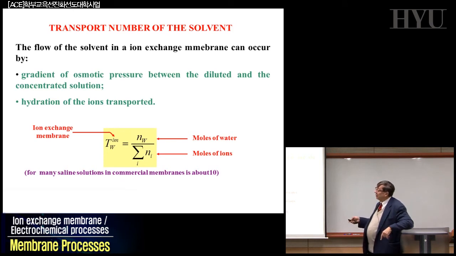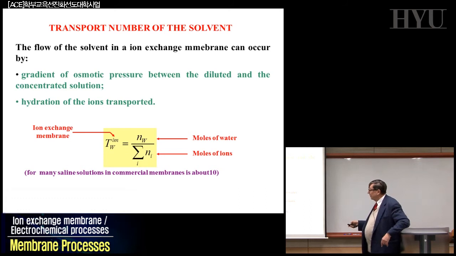And so you can also create gradients of osmotic pressure between diluted and concentrated solution, and also ion transport related to the single ion that is moving. So that is one of the problems we have to consider. The flow of the solvent in our membranes can be related to the different concentration, but part is related to the hydration of the ion.